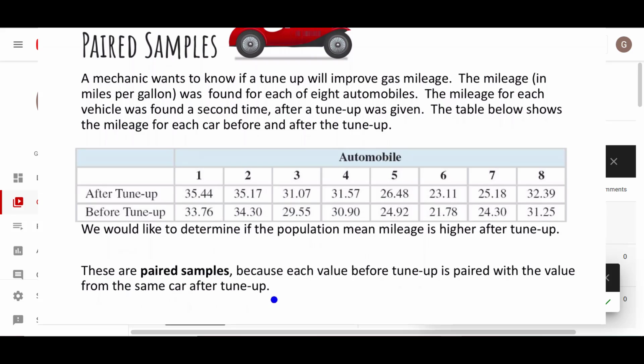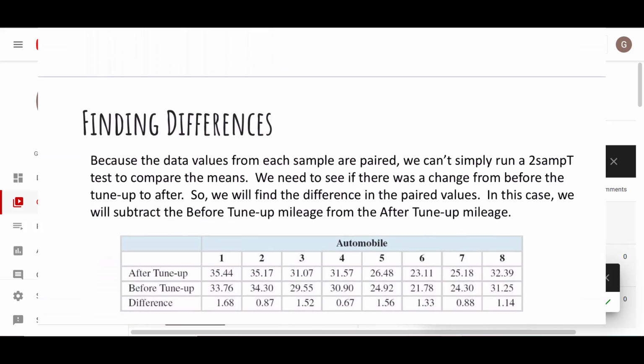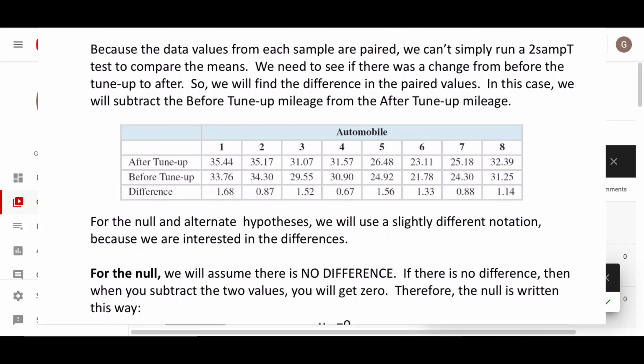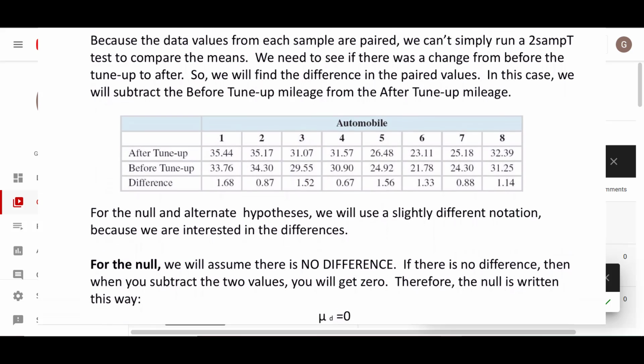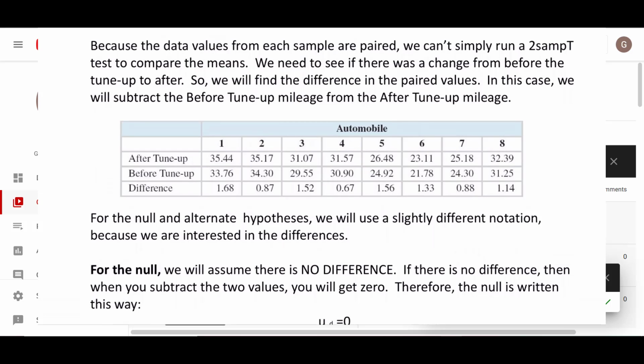same car after tune-up. And what we want to do is determine if the population mean mileage is higher after the tune-up. So the first thing that happens when you do this test is you are running a two population mean inference.